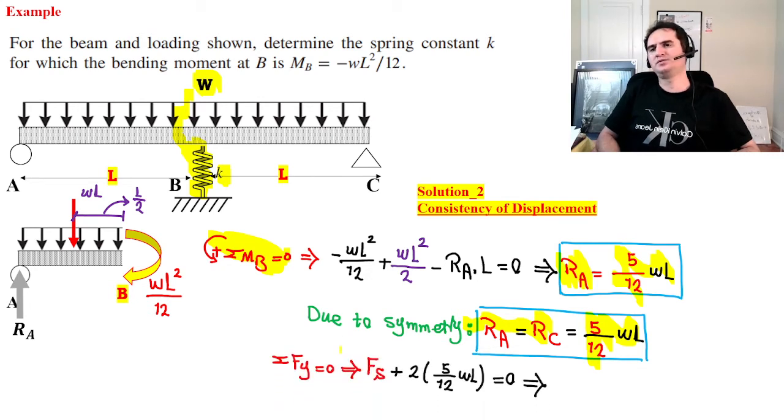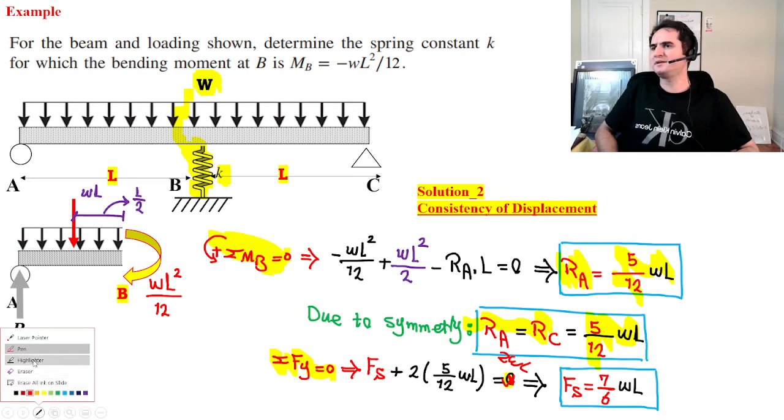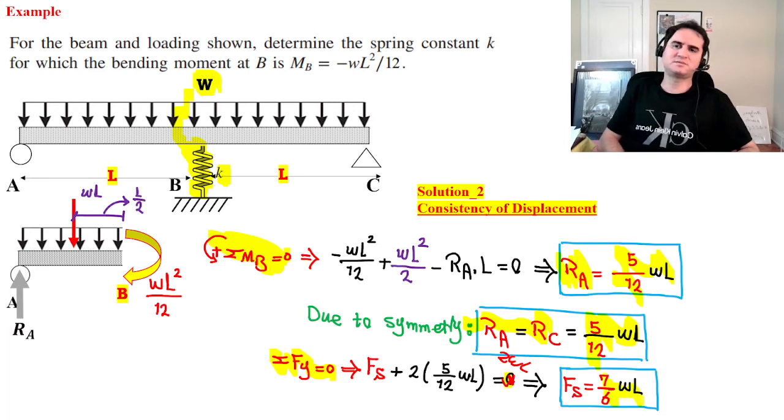So due to the sum of Fy equal to 0, like the previous example, it should cancel out. The total vertical load applied at the top is 2WL, and that simply gives us Fs equal to 7/6 times WL.